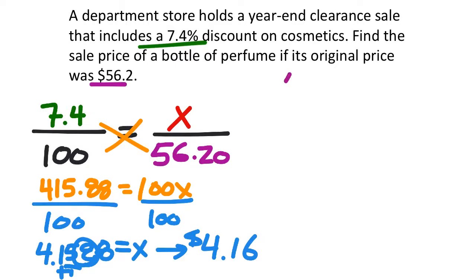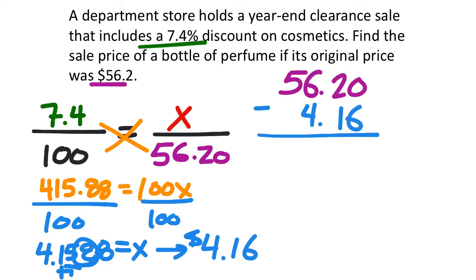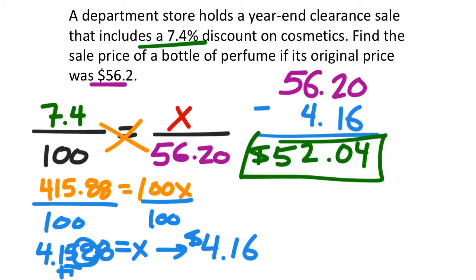I'm sorry, this is a discount, so I need to subtract it. $56.20, and we're taking off $4.16 because it's a discount, and that gives us $52.04. So the final price on this thing is $52.04.